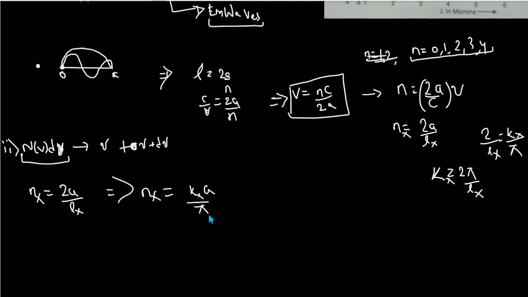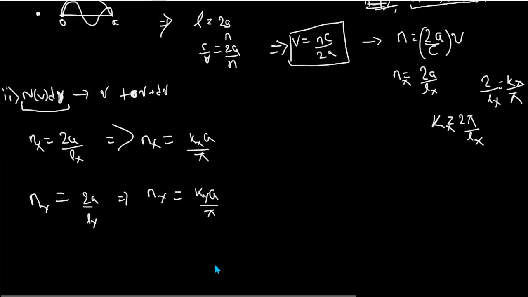This is for nx, because we are dealing with the three-dimensional case, so we take positive integer values nx in the x direction, ny in the y direction, and nz in the z direction. Similarly for the y direction, it is 2a divided by lambda y, which I can write as ny equals ky a divided by pi.